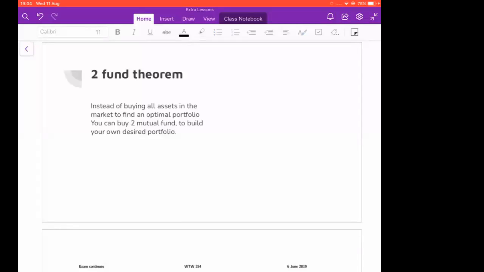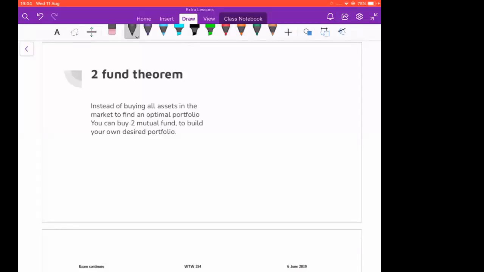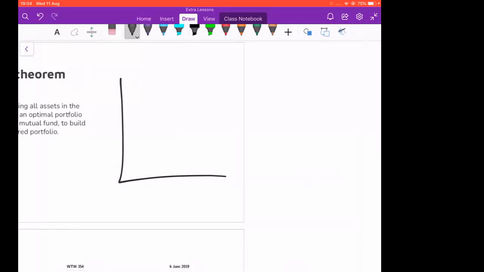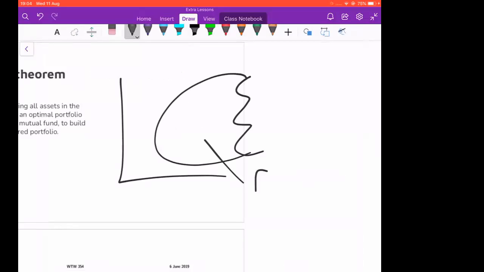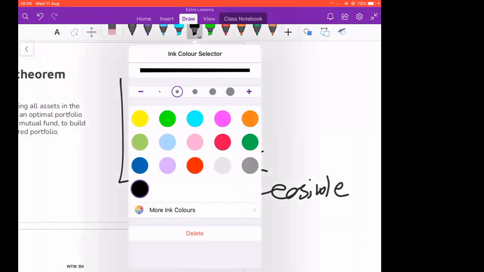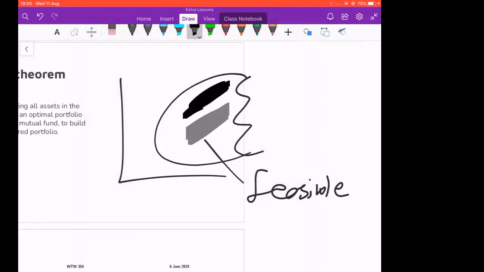So graphically, if you have a set of risky assets, this is going to be your feasible set.